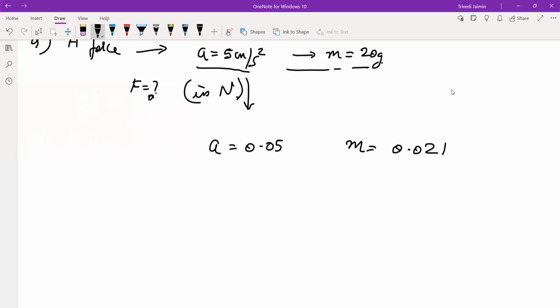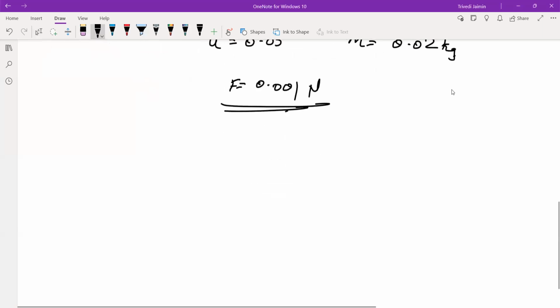Multiply this, F equals this into this. So 5 2s are 10, which gives 0.001. That means 10 to the power minus 3.